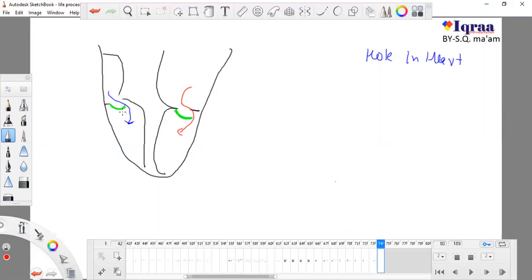If the valve is not present, there are many chances that the blood will return again to this side. Then it will not go to the lungs for further processing or purification. So hole in heart means that the person is not having the valve, because this valve helps us a lot so that blood will not return back.